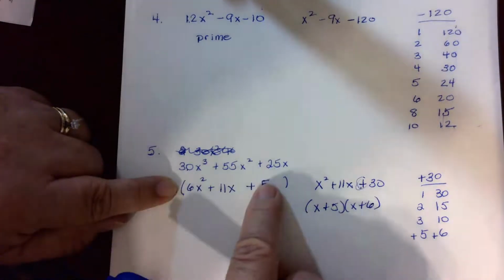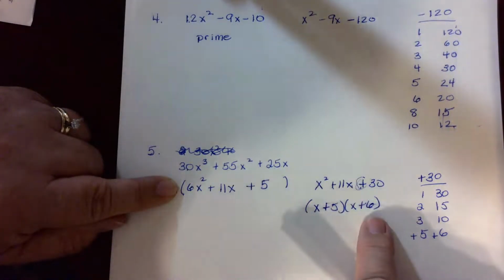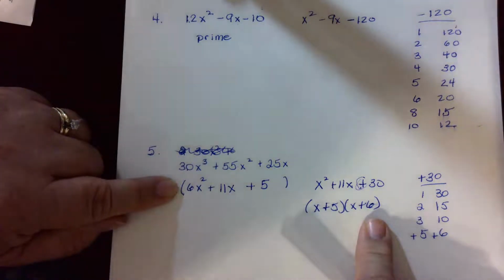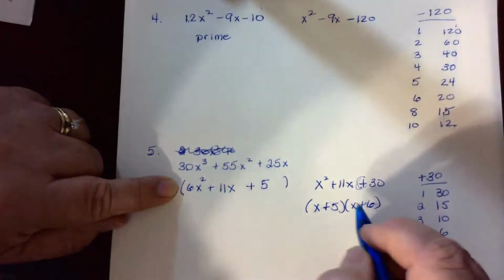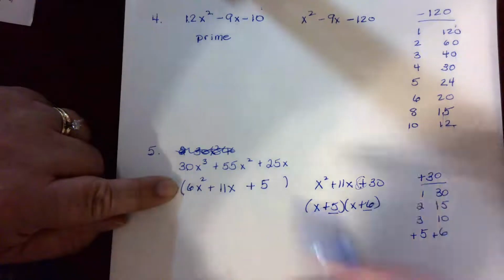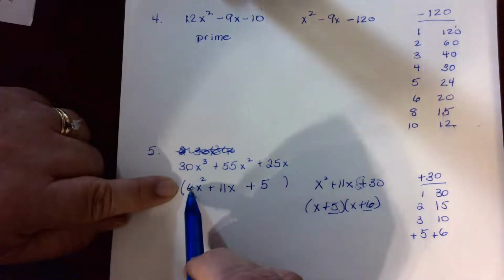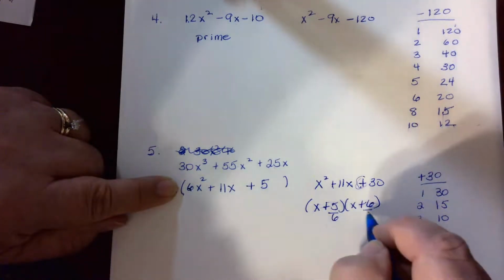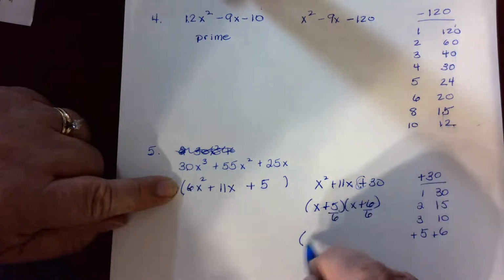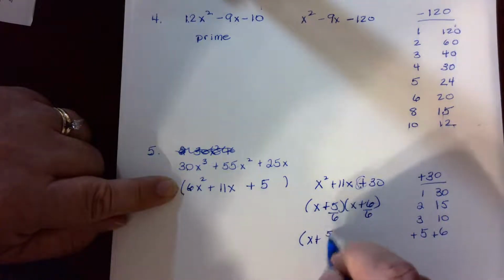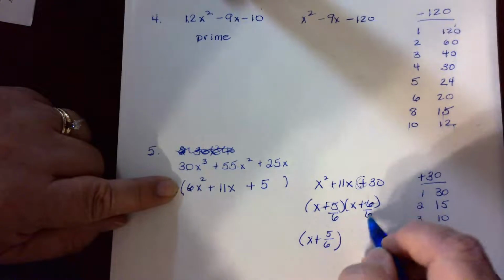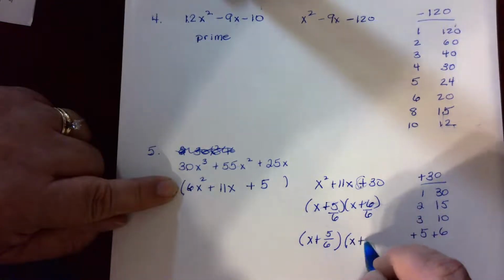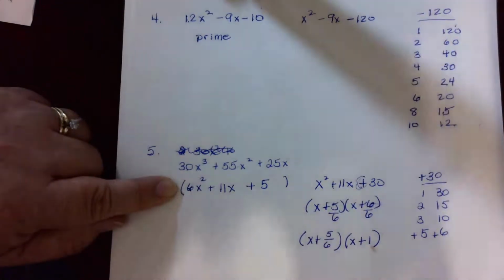So I multiplied, I factored. The next step is to divide. And I divide these by whatever I multiplied by over here. So I'm going to divide by 6. If I can change it to a whole number, 6 divided by 6 is 1, I do that.